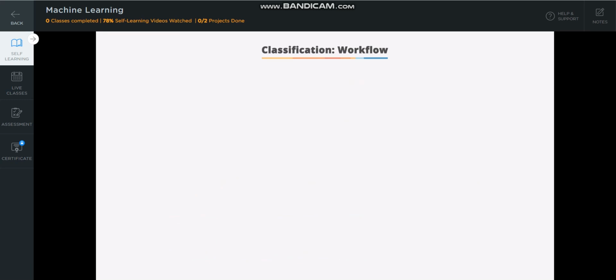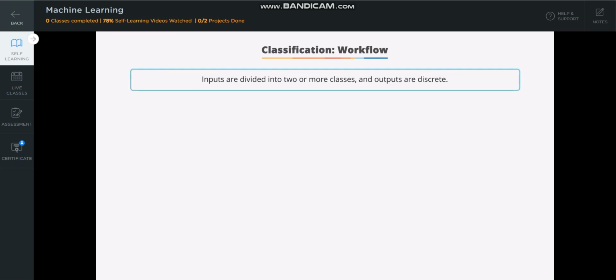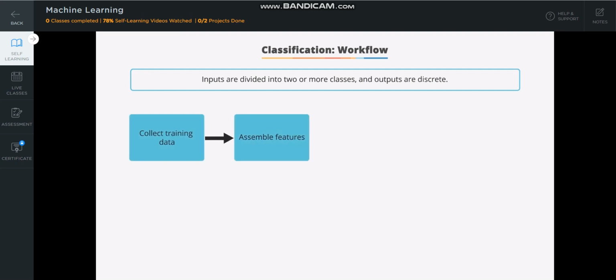Let's understand the workflow of classification. In classification, inputs are divided into 2 or more classes, and outputs are discrete. The learner must produce a model that assigns unseen inputs to one or more of these classes. Collect training data. Assemble features that store the known class label and numeric values for the predictors.